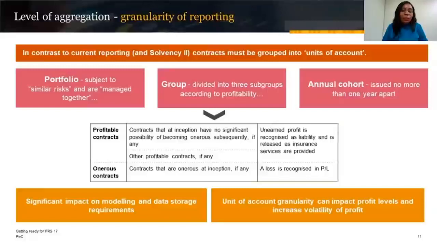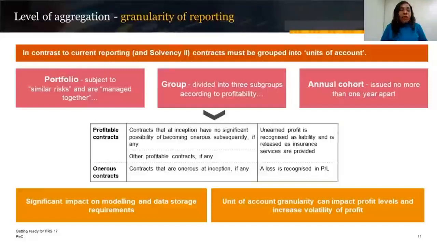So when you determine your portfolio, then you need to go further and break down each portfolio into three different subgroups based on profitability. And the groups would be, number one, contracts that are onerous at inception. So which means for this contract, you expect to incur a loss over the lifetime of those contracts.